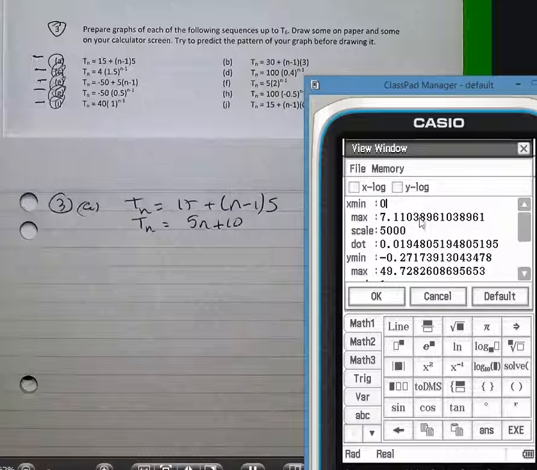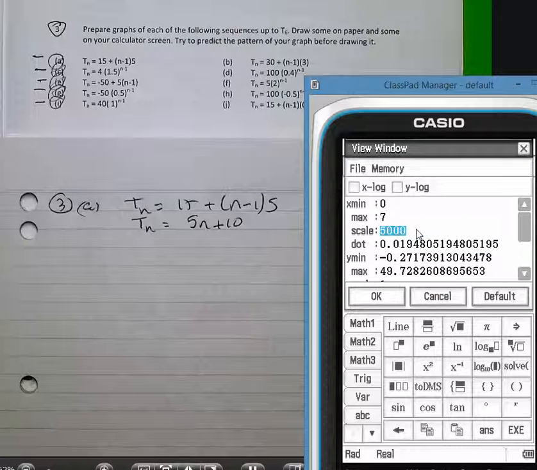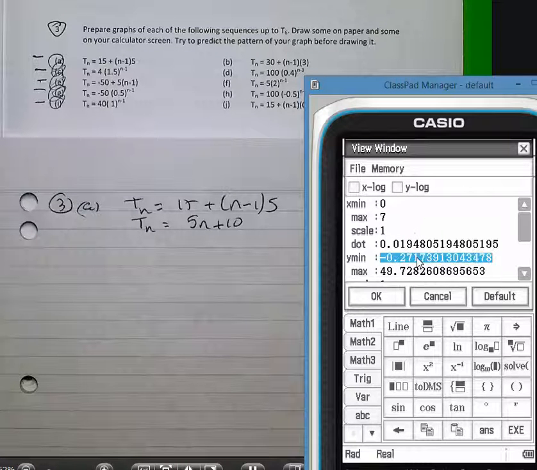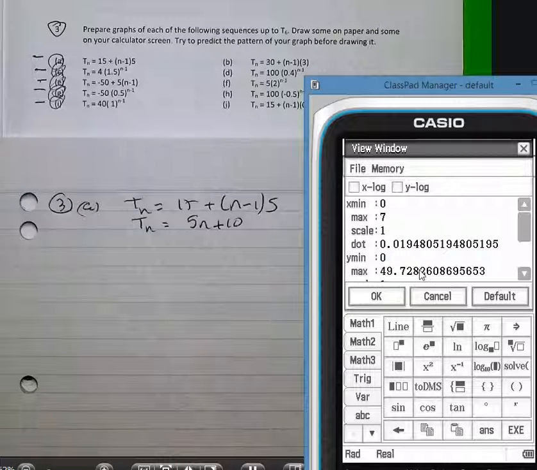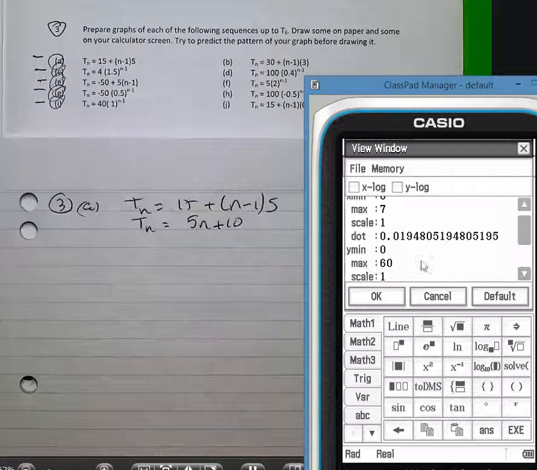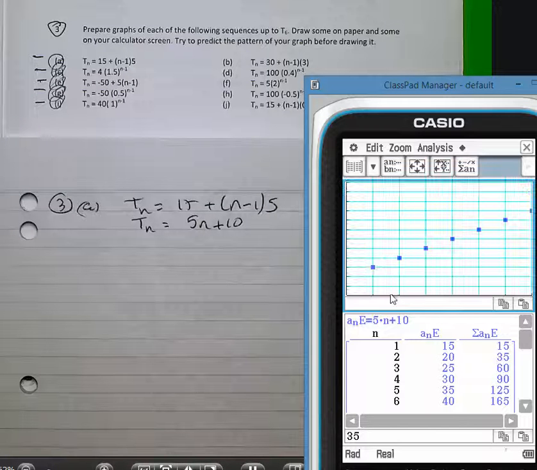I might make that 0 up to 7. The scale is a bit crazy there, so I'll make that 1, 0, and I'll make that going up to 60, and I'll have a scale factor of probably 5, might work better there. And okay, that might make it easy for you to graph it.